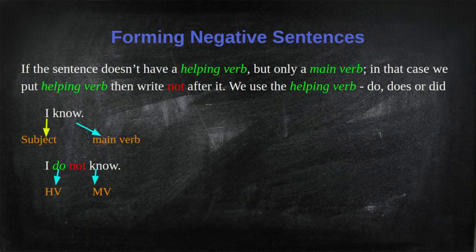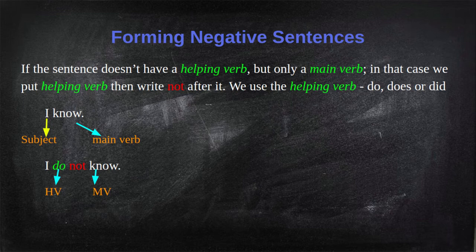Now continuing about negative sentences again. If a sentence doesn't have a helping verb, the sentence only has a main verb, then how do we make a negative sentence? In that case, we have to put a helping verb first.